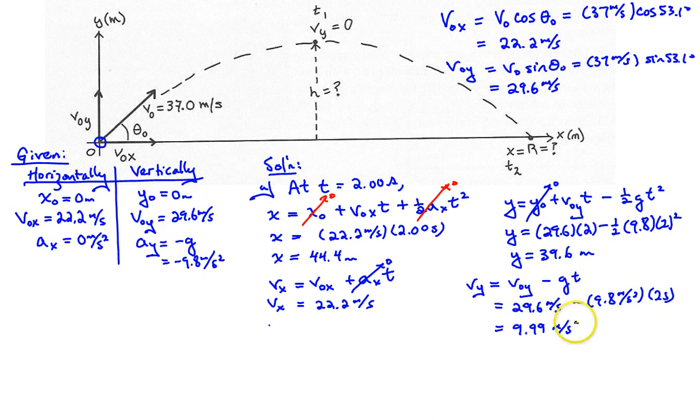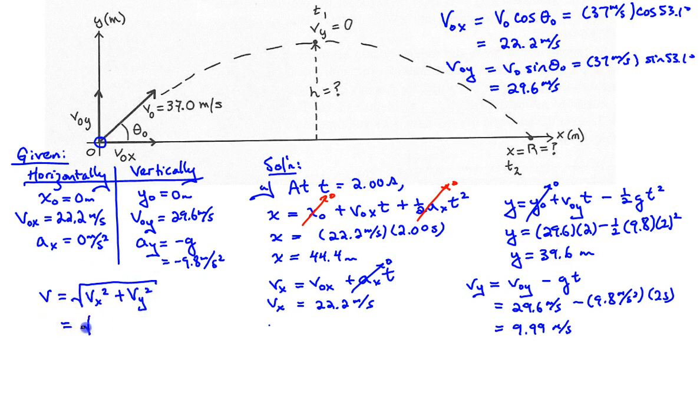We're also asked to find the resultant of that velocity. So we know it goes 22.2 meters per second to the right and about 10 meters per second upwards. So we want to find the resultant of that velocity, and we're going to use the Pythagorean theorem: Vx squared plus Vy squared.